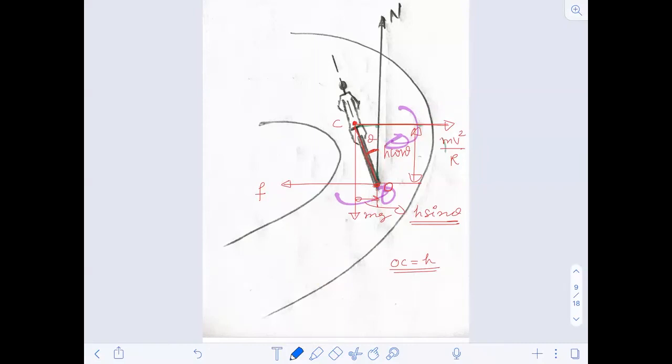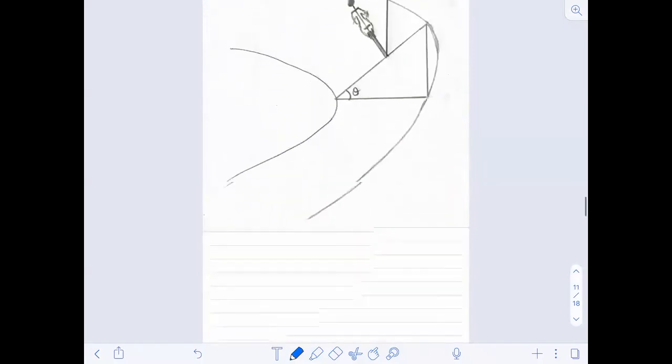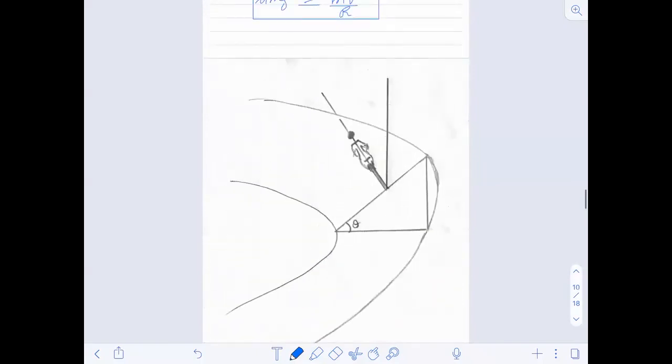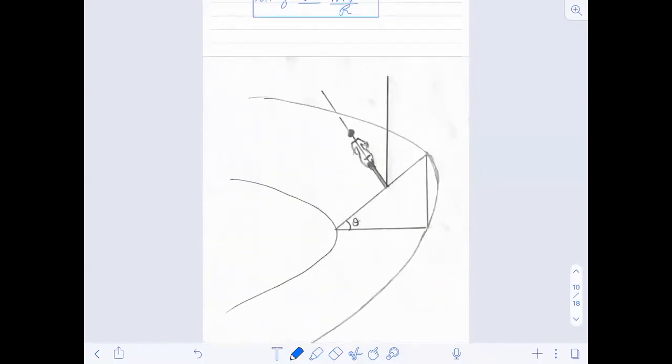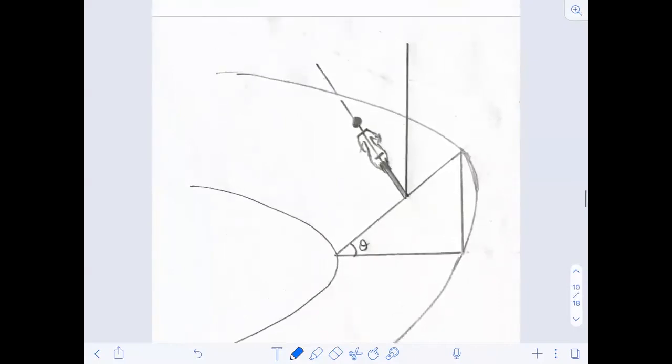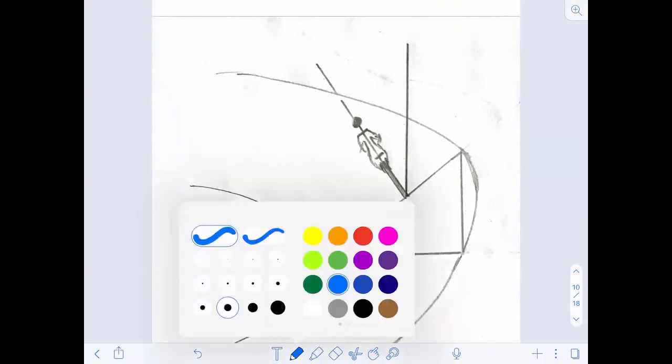Now after this, we have a case of a banked road, a cyclist on the banked road. Now in this case, if you see here, this is the theta value.